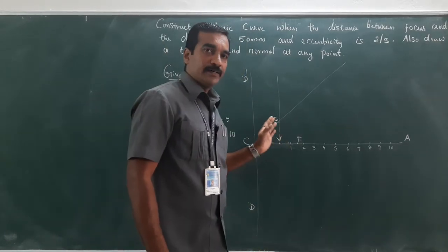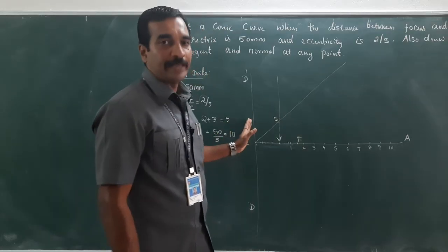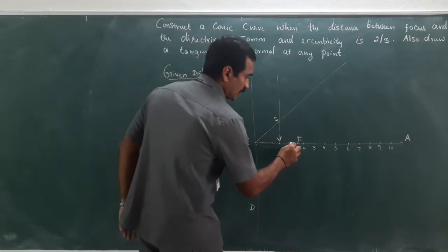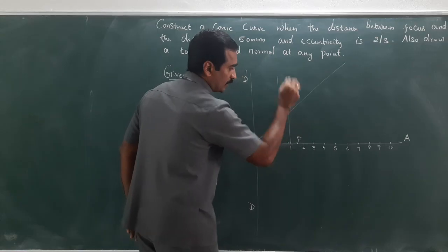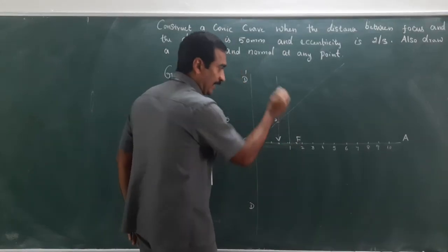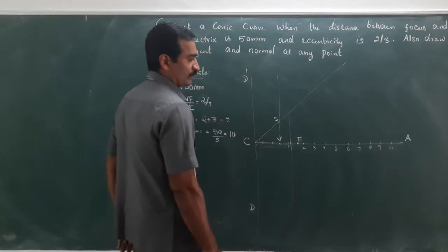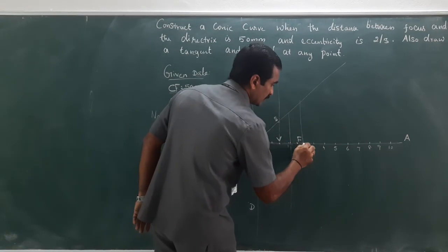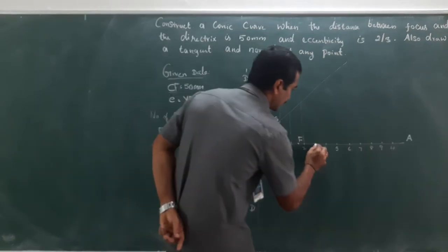Now draw a line parallel to the directrix, or perpendicular to the axis, till it intersects the guidelines. You will have to extend it on either side of the axis. Similarly, intersect the guideline and extend it on both sides.